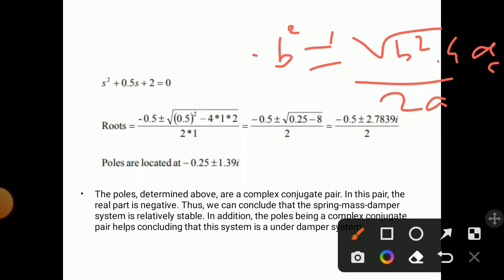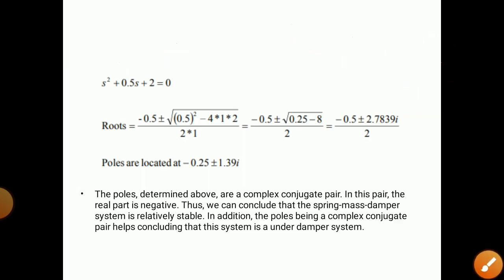Here these are the a, b and c coefficients. So you put them in this formula and do addition and subtraction, and you will get roots as minus 0.25 plus or minus 1.39 i. So these are the poles.